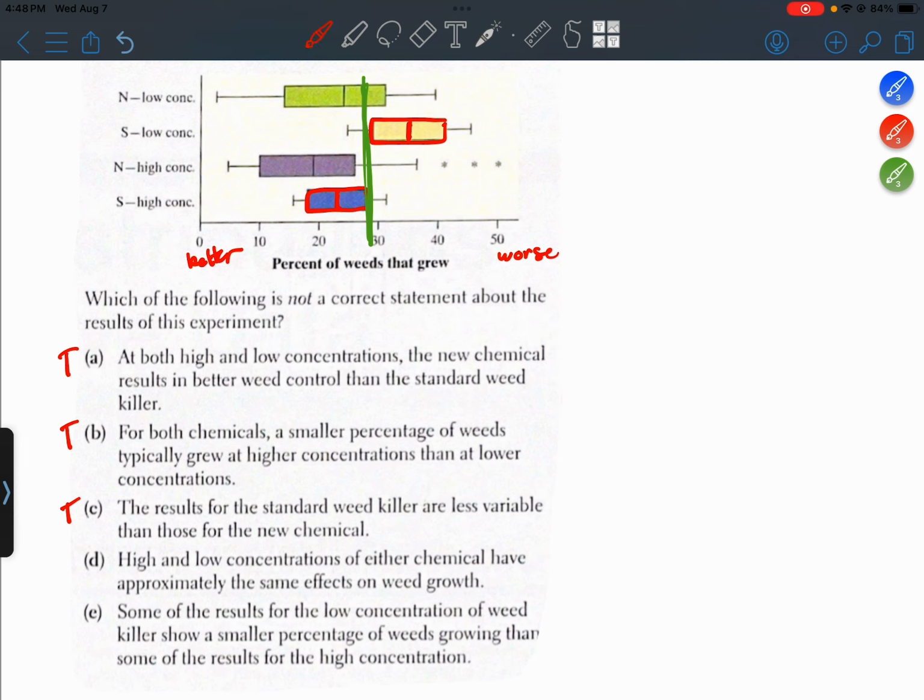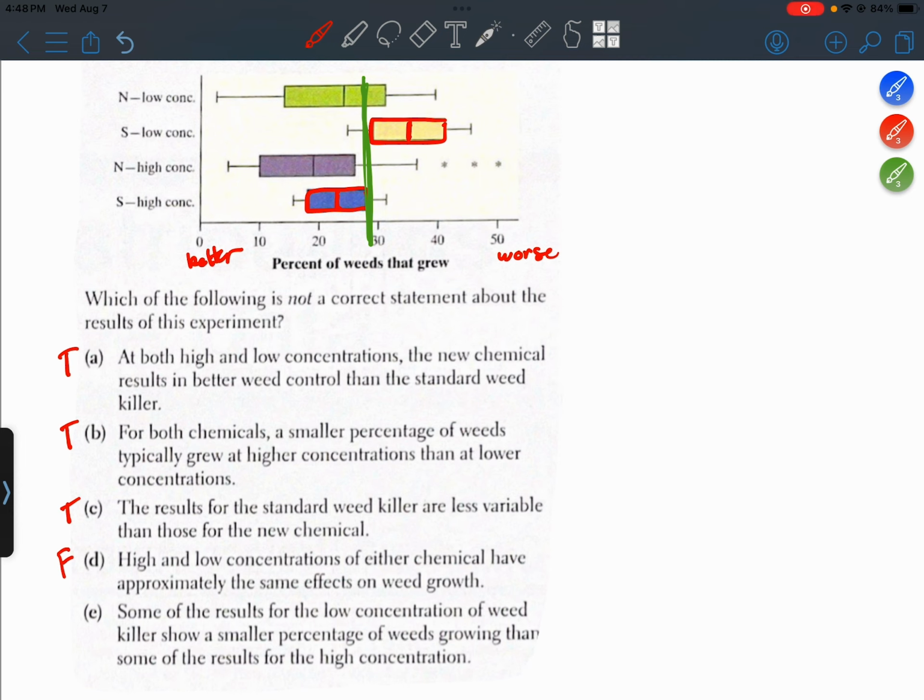So that statement D is true when we're comparing the new chemical, but I would say it's not true if we're comparing the standard chemical. Low and high concentrations of the standard chemical do not seem to have the same effect. They seem to have quite different effects.